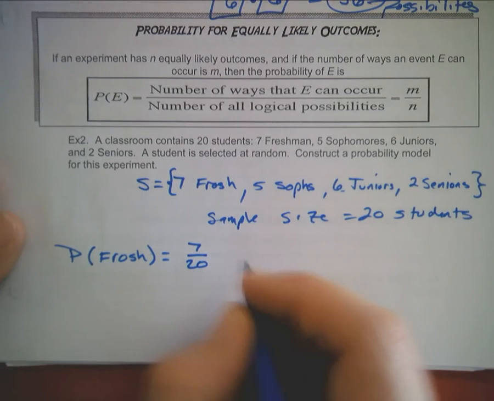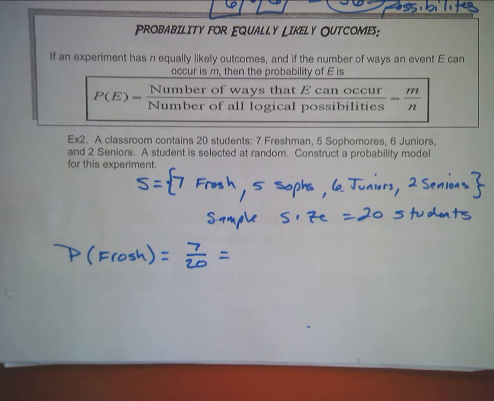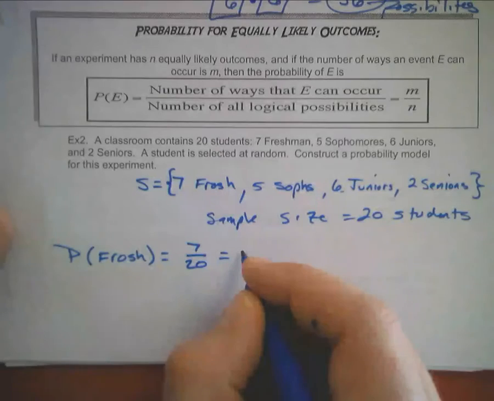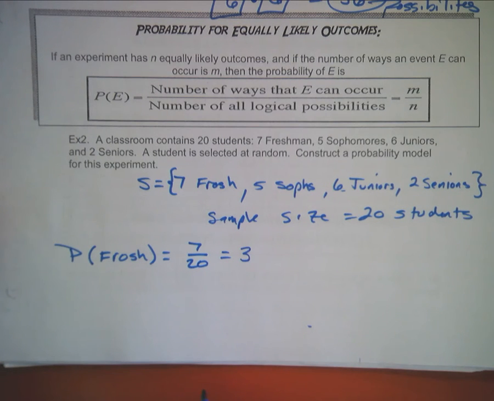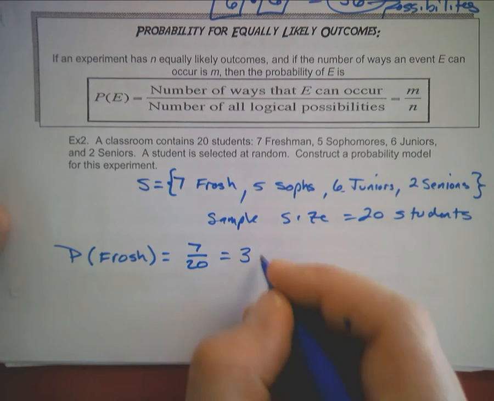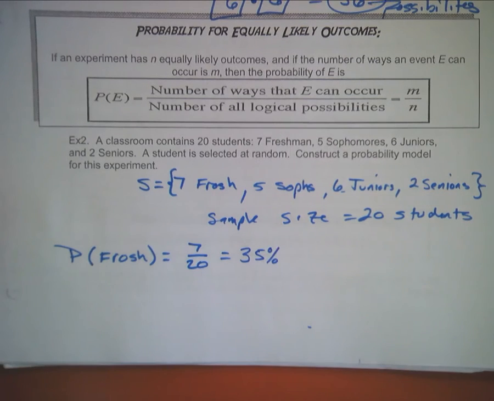Or if they want a percentage, take 7 divided by 20, get that decimal, multiply by 100, and we should get, what's 7 over 20? Shout it out. Calculators, mount up. What is that, 35%? Is that right? Yeah. 7 over 20, 35%?